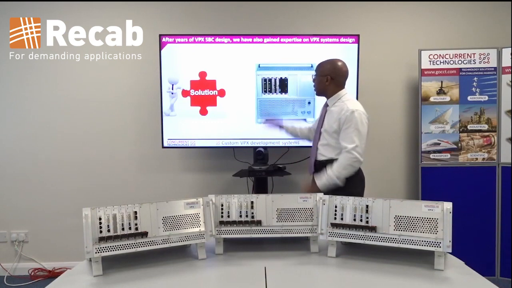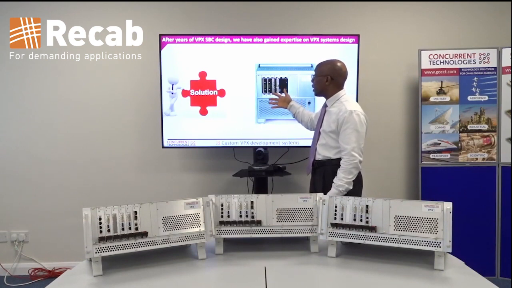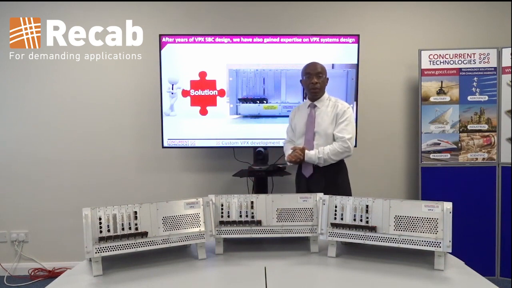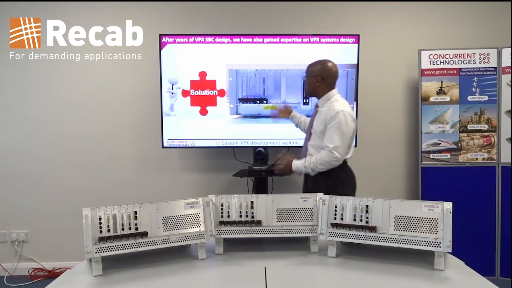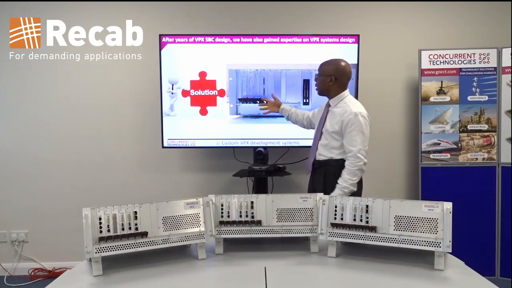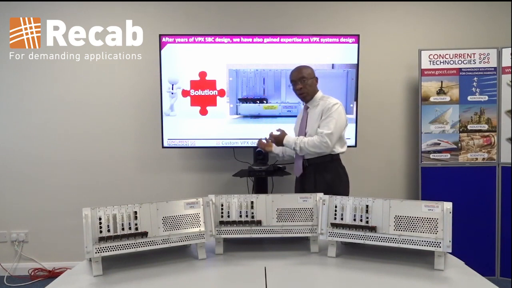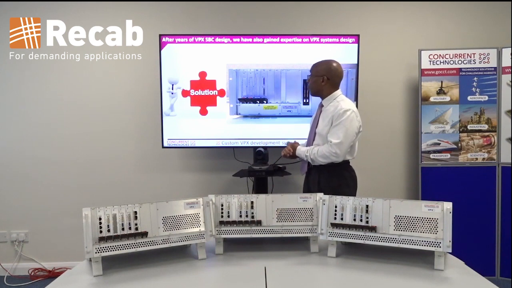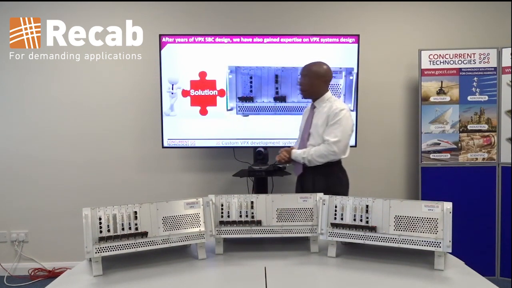So these are examples of systems that we have provided to customers. Some of them could be development systems, all conduction cooled, so it's very easy then to translate that to something that is deployable. If, for example, there are budget limitations or restrictions, we can go halfway and design a system with boards that are air-cooled, but we'll ensure that all the connections are at the rear, so that it's very easy to transfer that to all conduction-cooled boards.